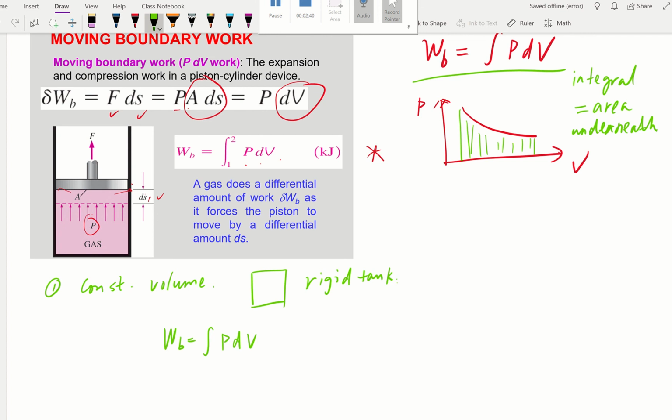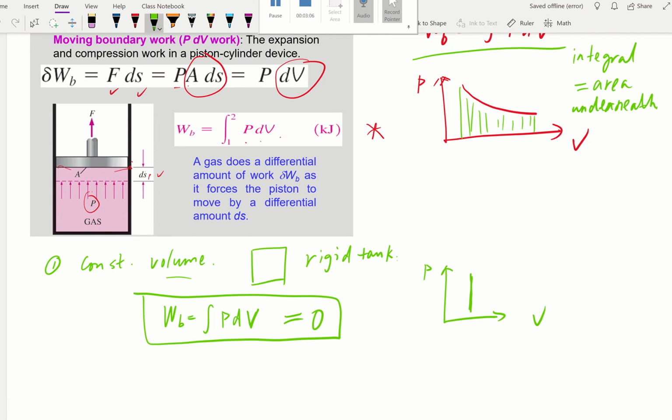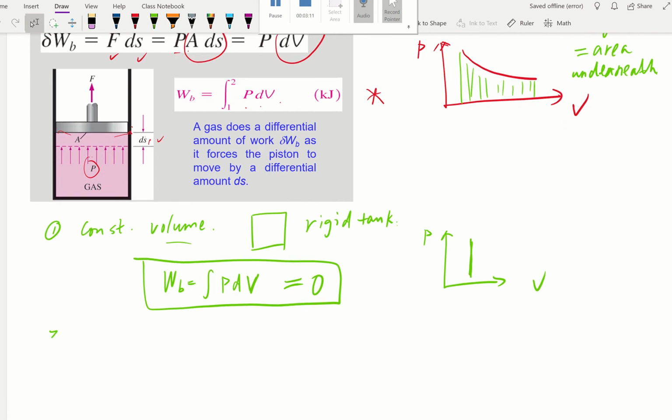When we have no volume change, this is equal to 0. You can also see in a PV diagram that constant volume is a vertical line, and the area underneath it is 0. So boundary work is 0 for a rigid tank. Intuitively, we understand that's right.